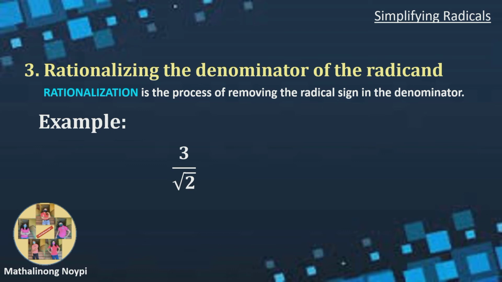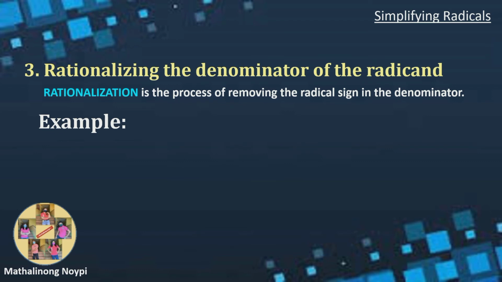So since ang ating denominator ay square root of 2, ang i-multiply lang natin is a ratio of square root of 2 to remove the radical sign. So we have 3 over square root of 2 times square root of 2 over square root of 2 will give you the answer of 3 square root of 2 over 2. So therefore, ang ating simplified form ay ito.